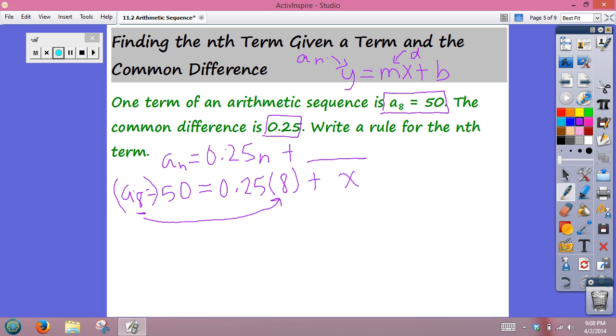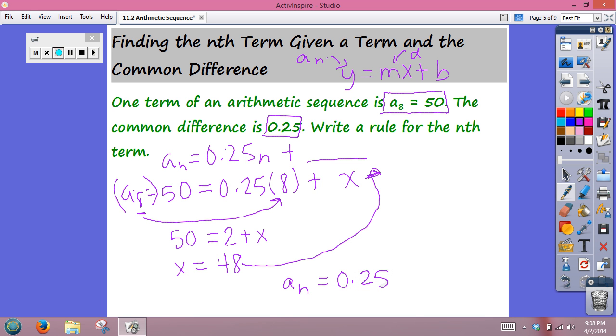So if we simplify, we get 50 equals 2 plus x. Solving for x, we find that x equals 48. So the rule for the nth term, if we plug this number back in, is going to be an equals 0.25n plus 48.